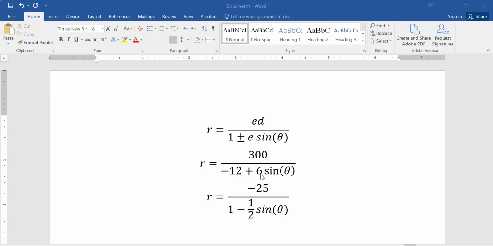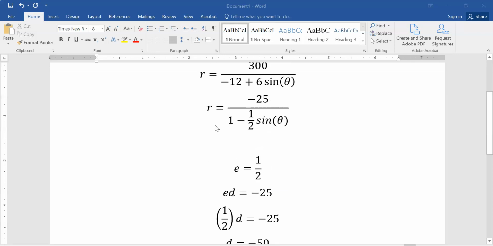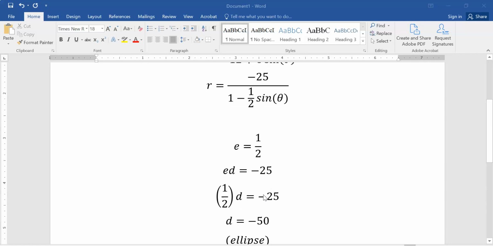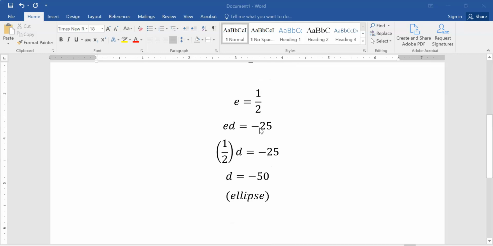And when you multiply 6 by -1/12, you get -1/2. So our r equals -25 over 1 minus 1/2 sine theta. That means the eccentricity is 1/2. E times d is -25. If E is 1/2, then d has to be -50. Eccentricity of 1/2 is between 0 and 1, so that's an ellipse. So that's how we do that.